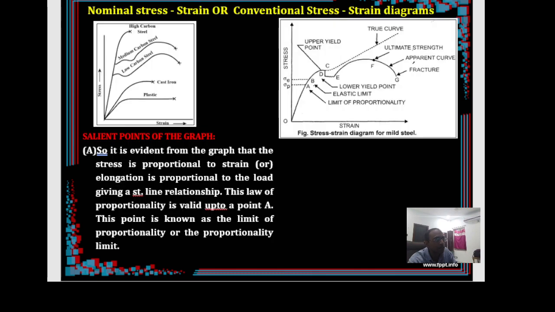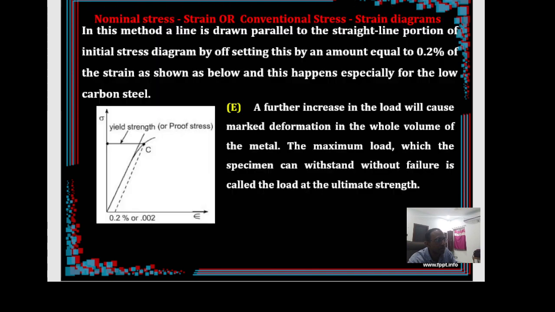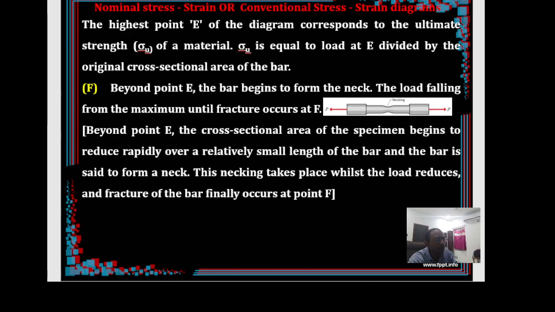You can see here the maximum load it can take, not E here, actually F. That point F is called the ultimate strength.